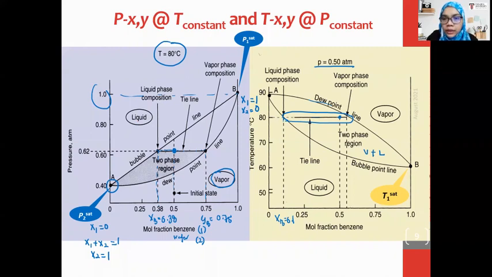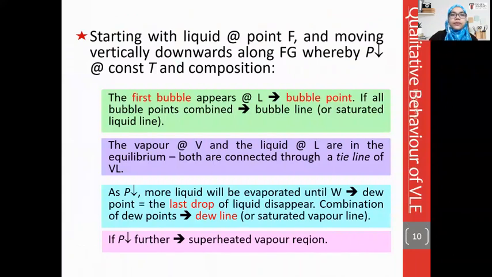So we can get the composition of the vapor phase, maybe yB at 0.55. So we have yB at 80 degrees Celsius as 0.55. So this is how we can determine the composition at the microscopic level, starting with the liquid.